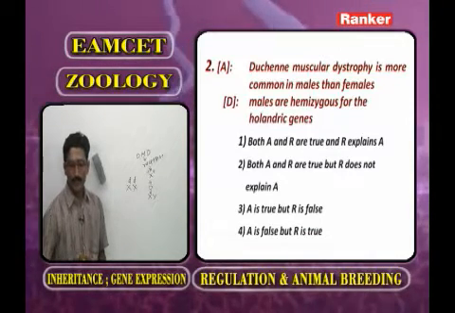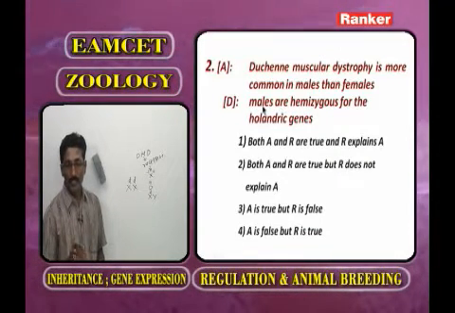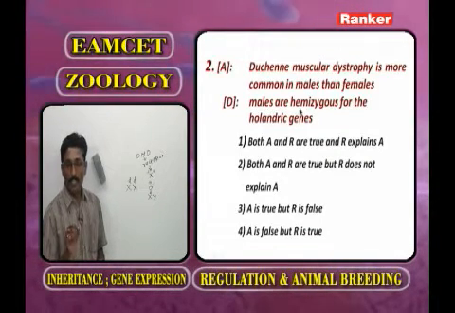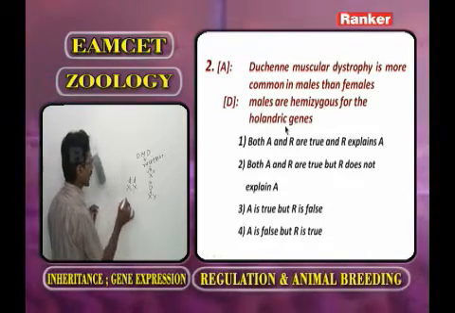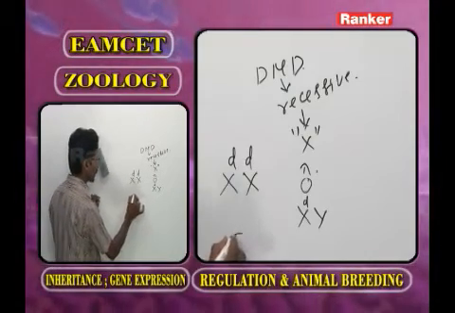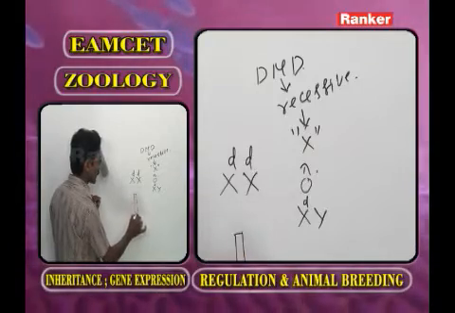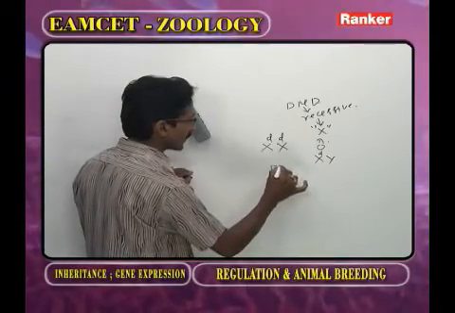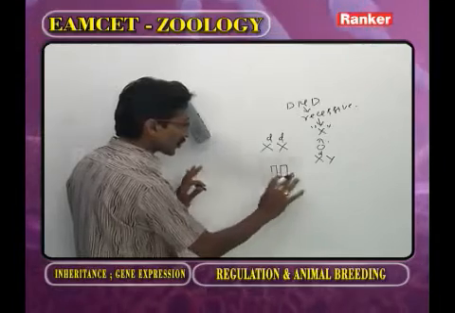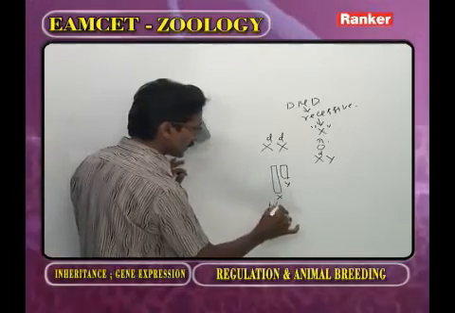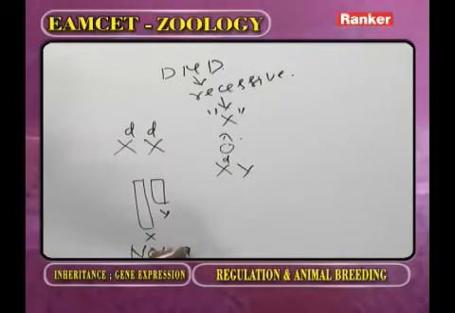And the reason: the males are hemizygous for Y-linked (holandric) genes. As we observe, in the male parent this is the X chromosome and this is the Y chromosome. X and Y chromosomes are separate, they are called non-homologous.